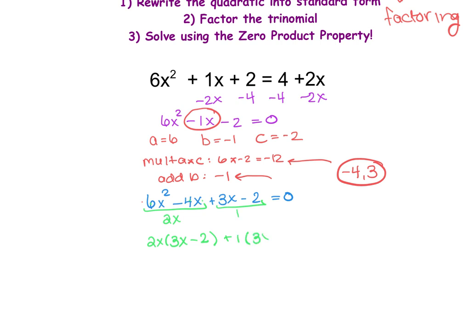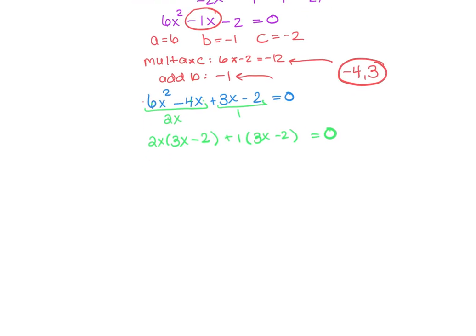And so we have 3x, 3 divided by 1 is 3, and the x stays, and then negative 2 divided by 1 is negative 2. So from here, we are almost done factoring. We just need to group those front values together because they're both being multiplied by the same parenthesis piece. So we have 2x plus 1 times 3x minus 2 is equal to 0.